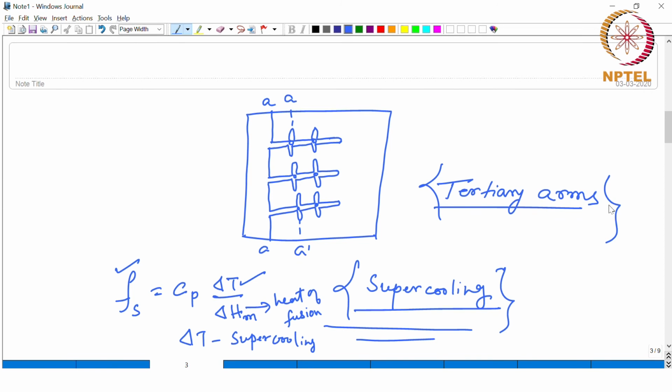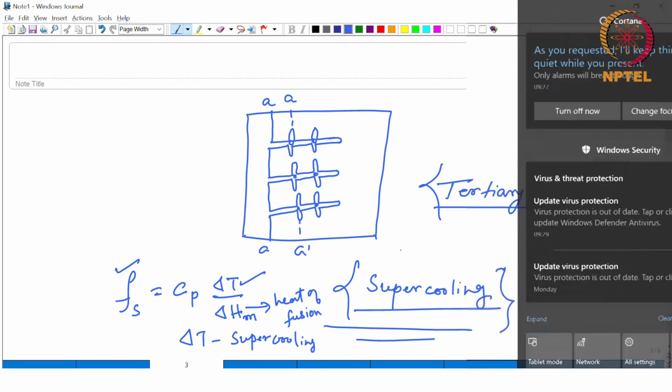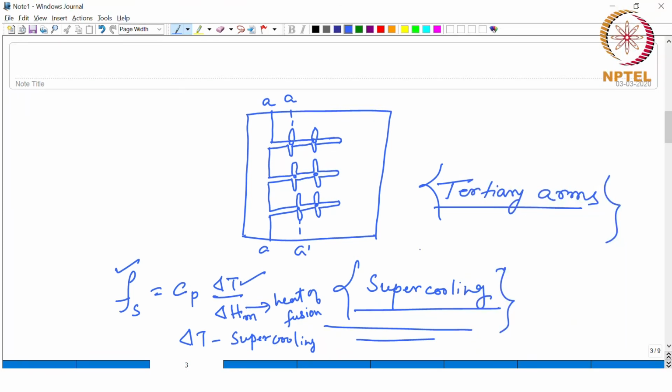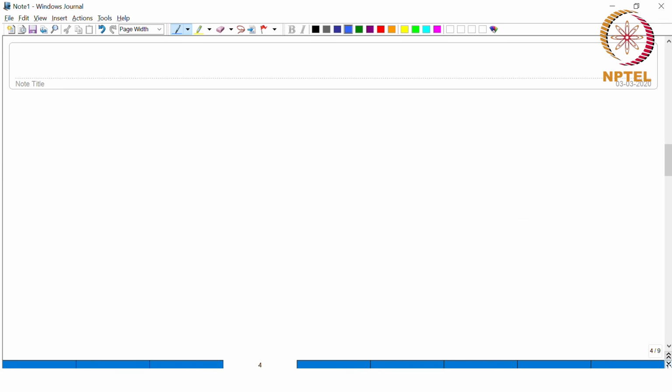Okay. Now, before we close today's class, let us quickly summarize what we learned today. Today we primarily talked about the growth of dendrites in pure metals during solidification.